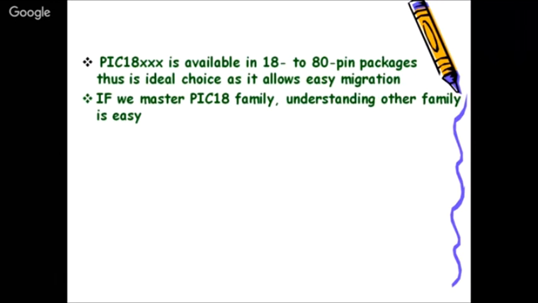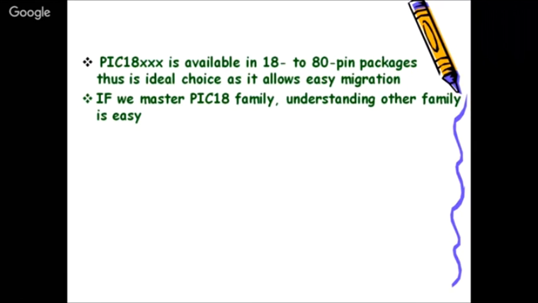This is particularly possible in the case of the PIC 18 family. So if you shift to a 40 pin or 80 pin, not much will change, except that obviously some pin numbers you have to change, but by and large the code is compatible, and therefore people prefer this, and therefore we say that it is the ideal choice as far as migration goes.